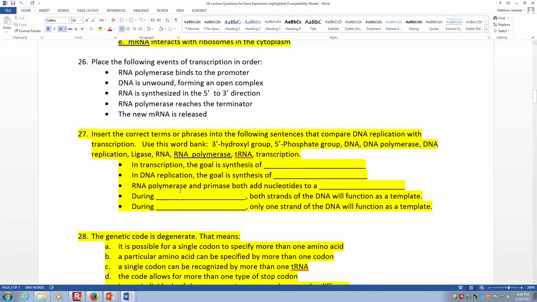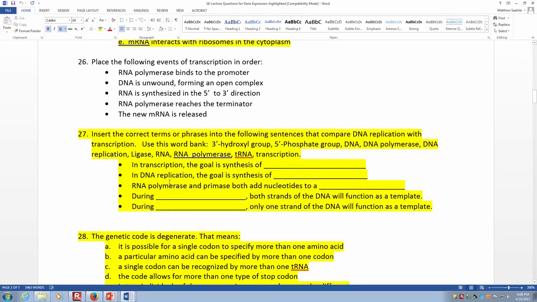Okay, so 27 is asking you to fill in the blanks with the word bank given. So the first one, in transcription, the goal is synthesis of what? Right. And then in DNA replication, the goal is the synthesis of, right, DNA.